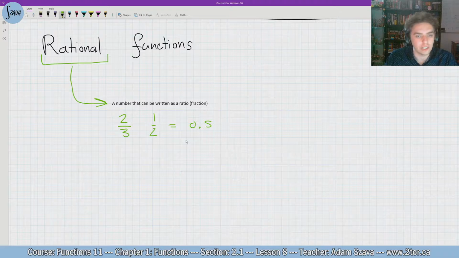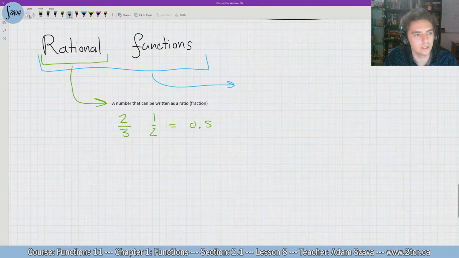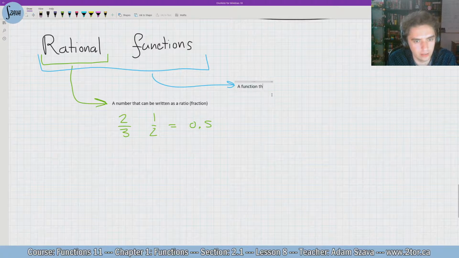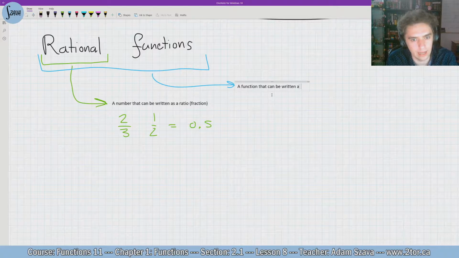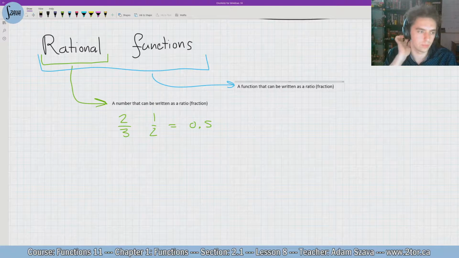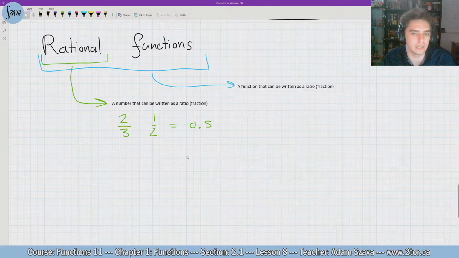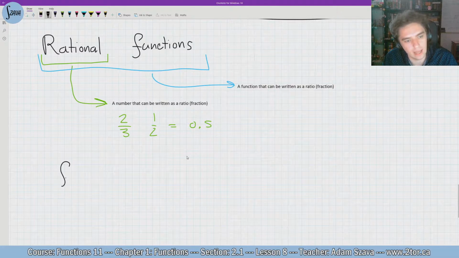You can write it as a fraction because these two things are equal. A rational function is a function that is written as a fraction, right? So a rational function is a function that can be written as a ratio or fraction. Okay, so in a sense, every function could be written as a ratio. Like the function f of x equals 2x.